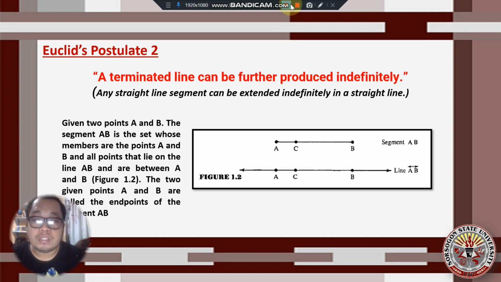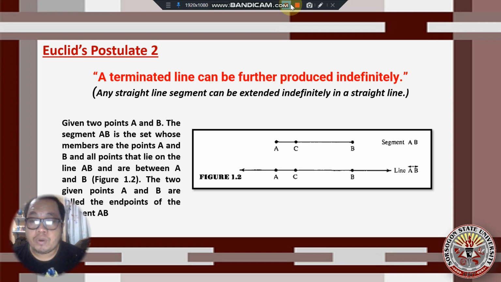Now, given 2 points A and B, the segment AB is the set whose members are the points A and B, and all points that lie on the line AB and are between A and B, as illustrated on figure 1.2.